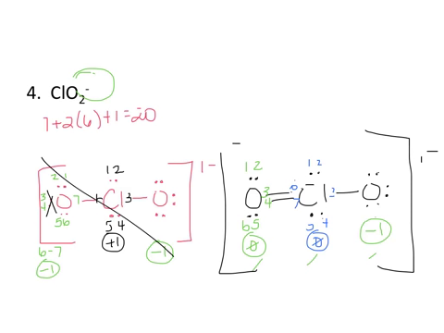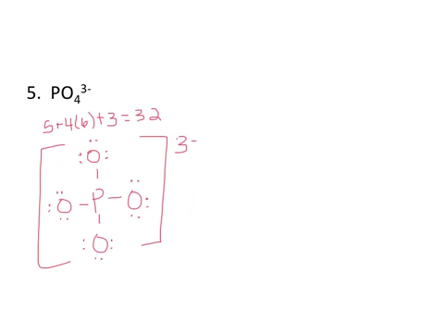If asked, this one would be incorrect. So let's move on. We got one more, so we've got phosphate. So let's take a look at the formal charges. If I look at the phosphorus, all I've got around the phosphorus is 4 bonding electrons.